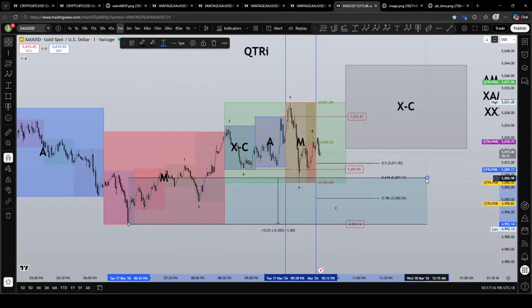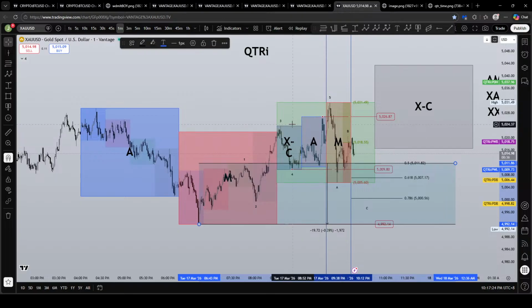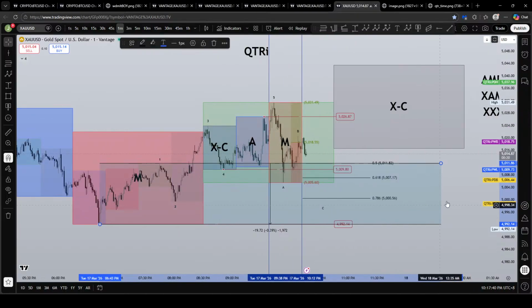Now imagine if you set a limit order at 50% optimal entry or wave 2 entry. That would mean losing 19 pips for a possible SL once this AMDX structure is invalidated.